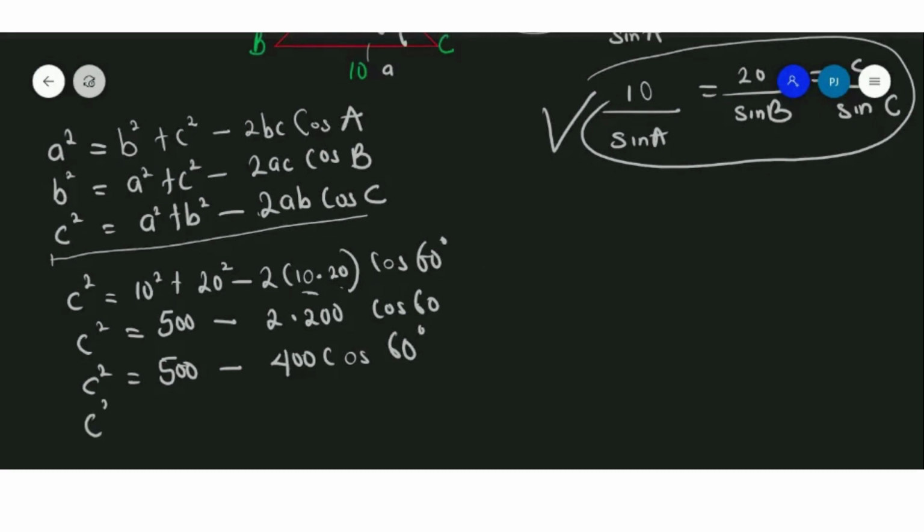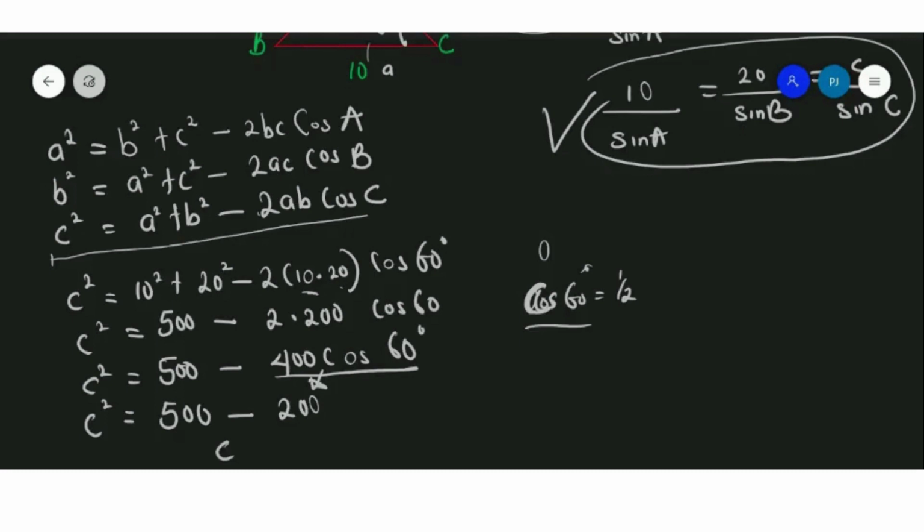Just use your calculator. Cos 60, I think it's half. Yes, cos 60 is equal to half. You can check that out on your calculator.